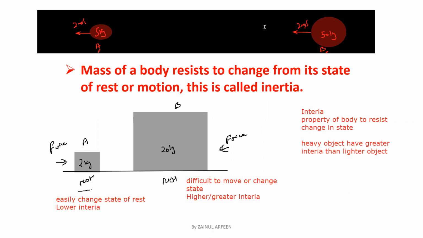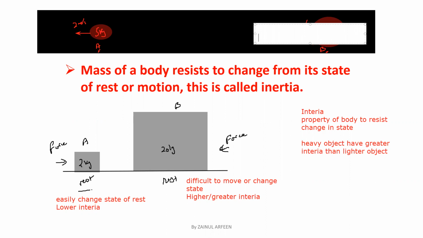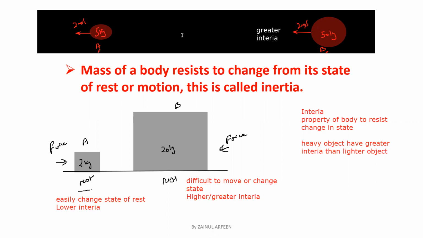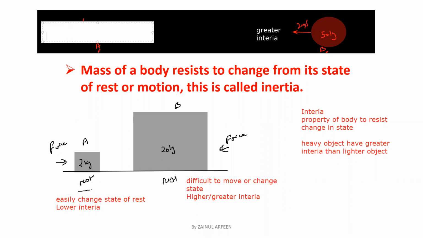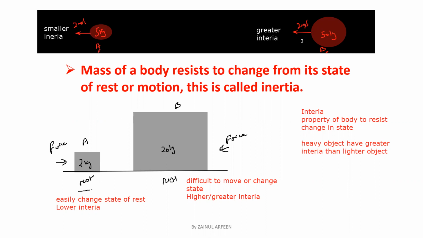So we can say this has a higher or greater inertia, and this has a smaller inertia. Because here we find it difficult to change the state, and here we find it easy to change the state.